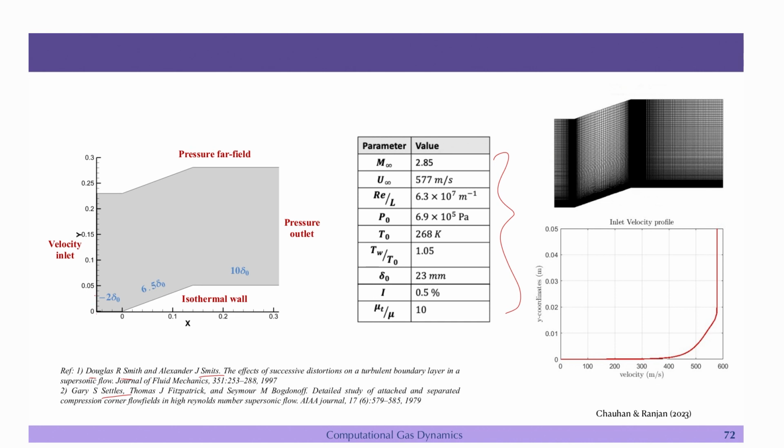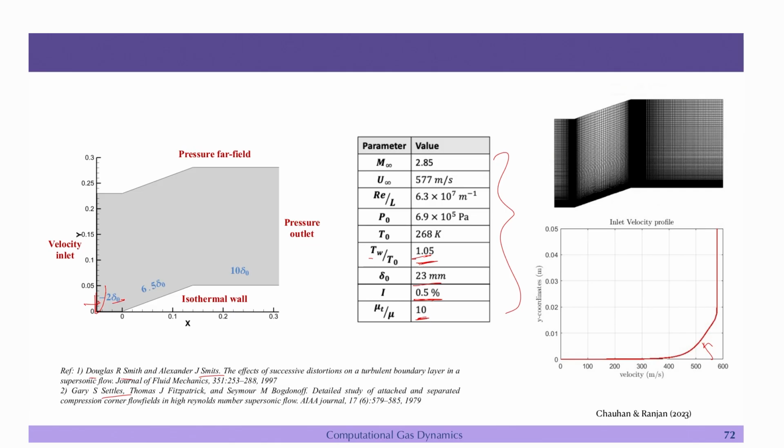So, you apply a boundary layer here so that you can simulate separately, at a given distance of minus 2 delta naught, and it is allowed to grow here. The initial boundary layer thickness is 23 mm, which is provided from the literature, and the turbulence intensity is 0.5%. This is a turbulent problem, and mu_T by mu is chosen as 10. It is an isothermal wall, a heated wall, T_W is more than T naught.